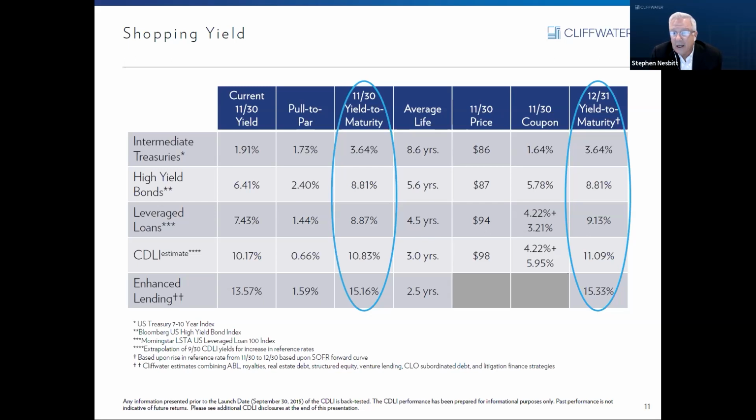But I would probably knock 1.5% off the yield to maturity on high yield bonds for its long-term loss rate. I'd probably, if we're talking about market averages, knock off 1% for levered loans, the CDLI, and enhanced lending for what I would say would be average loss rates.